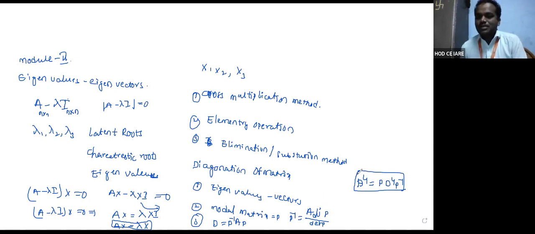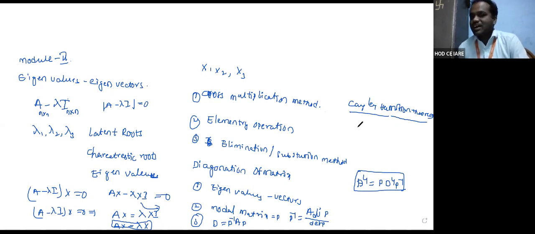So this is one method, and the next method is the Cayley-Hamilton theorem. You know that the Cayley-Hamilton theorem says that if any square matrix satisfies its own characteristic equation, it is called the Cayley-Hamilton theorem.